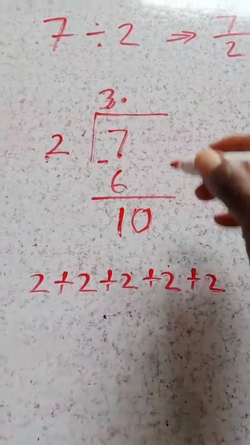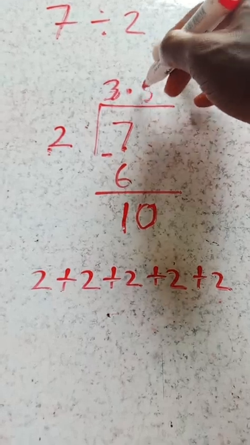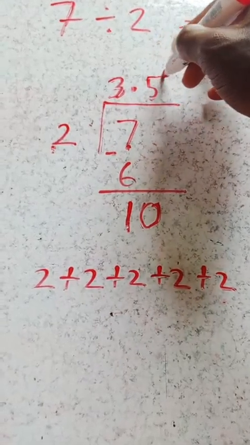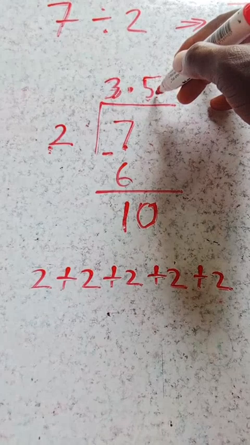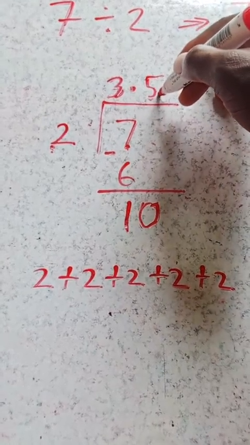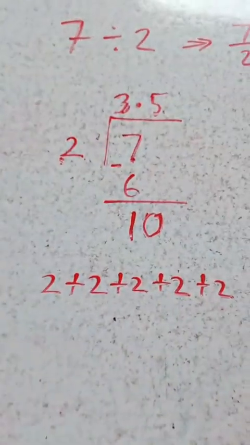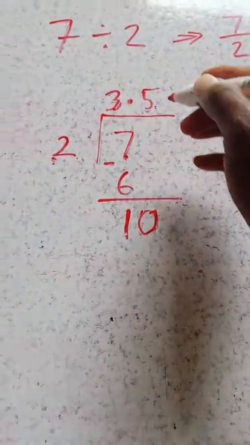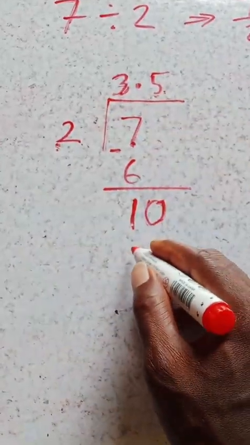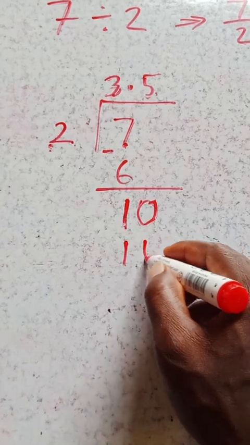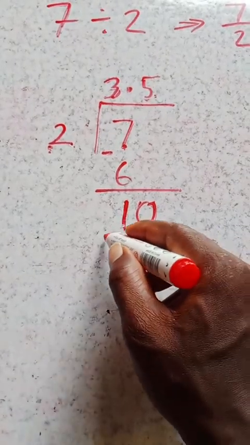So we immediately go here and write 5. Anytime you write the number here, use it to multiply the number outside here immediately. So 5 times 2 is 10. So you write 10 and then you minus.